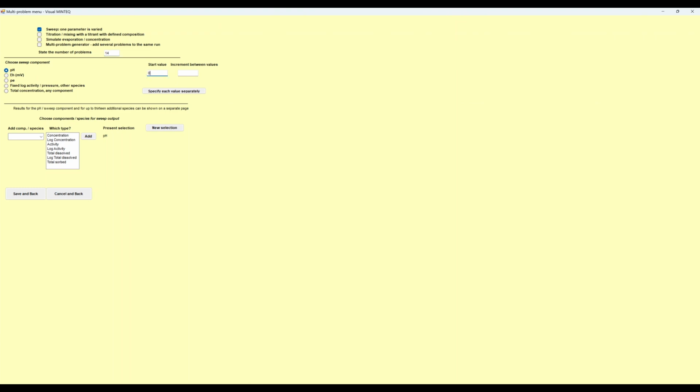The starting value is 0, and the increment between values is 1. So we go from 0, 14 times, and every time we increase by 1. So this is how we enter the values in order to go between a pH of 0 and 14, with incremental values of 1.